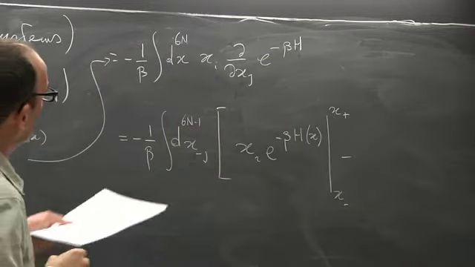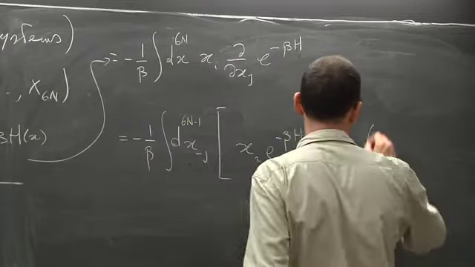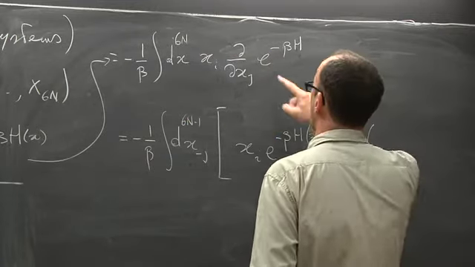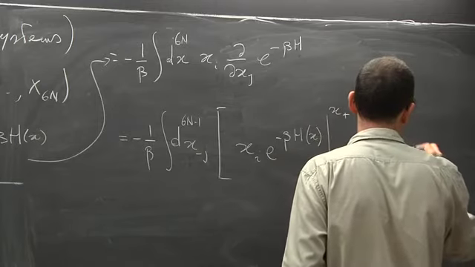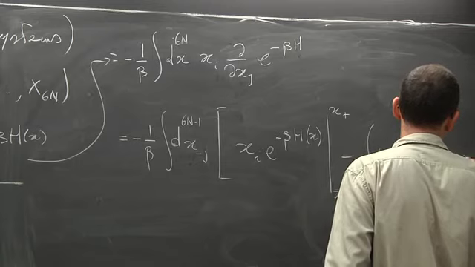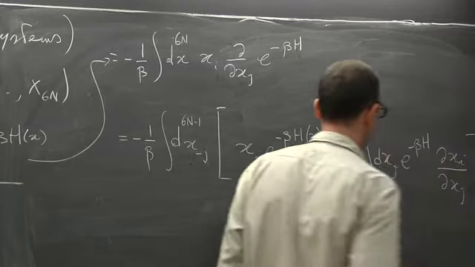And then I have the other term, the integral over dxj of e to the minus beta H times dxi divided by dxj.